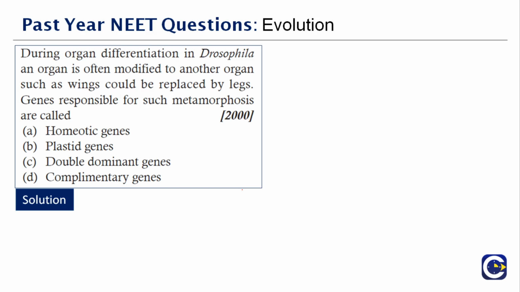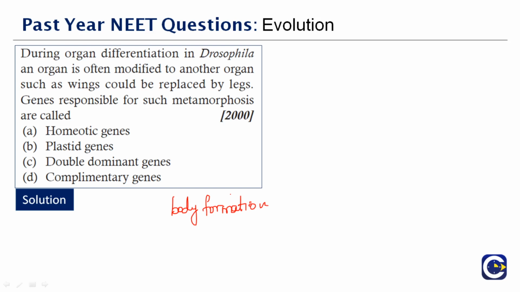Homeotic genes are a group of genes involved in embryonic development and they control the pattern of body formation. While if you take here, they're talking about Drosophila. During organ differentiation, an organ is often modified to another organ, such as wings could be replaced by legs.